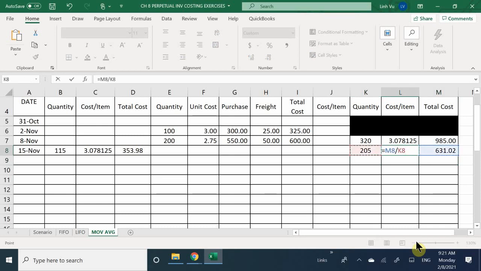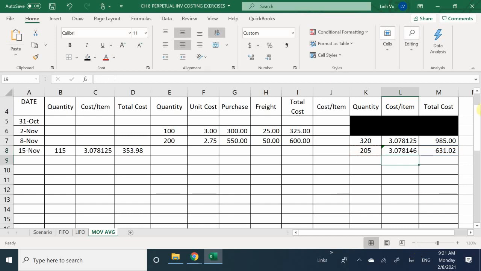All right, and what is now my new average cost per item? 3.07814. Okay, so see, it did change by 10,000th of a penny. So make sure that you're aware of that. Okay, good.